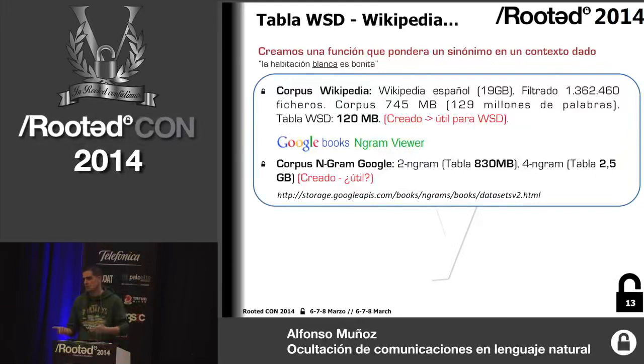I tried to identify the largest number of texts in the Spanish language written by humans, and I moved on to Wikipedia. After doing all the filtering, I came out with a text of 120 million words. And then from there, you get really interesting information. That helped me generate a table of 120 megabytes. So that would tell me whether a word fitted in a context or not.